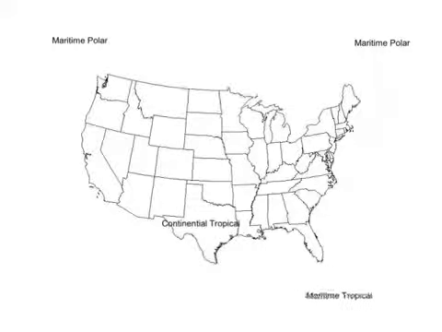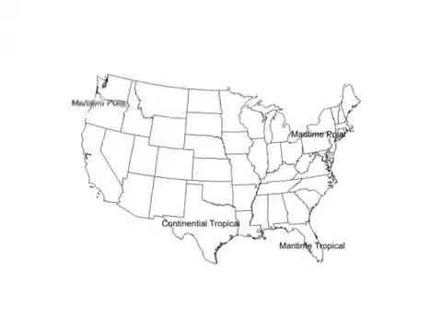And then the maritime polar comes in to Florida, and this maritime polar comes in here making cooler temperatures, and this one into here making cooler temperatures. And these ones down here, because it's tropical, make it warmer temperatures down here in the southern parts of the U.S. and colder temperatures up here in the northern part of the U.S.